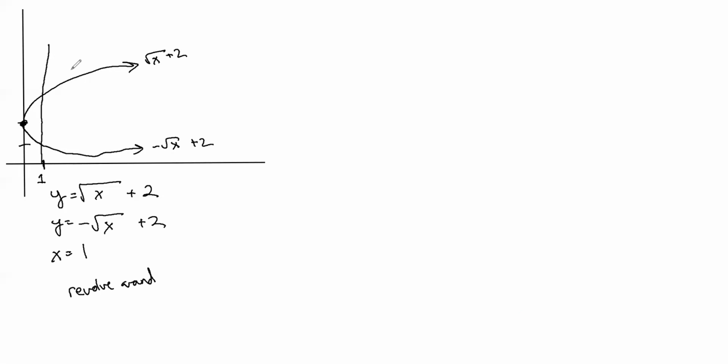So I said our region is the region bounded by these curves. When we draw out all of these curves, we see that this is really the region that we're talking about.